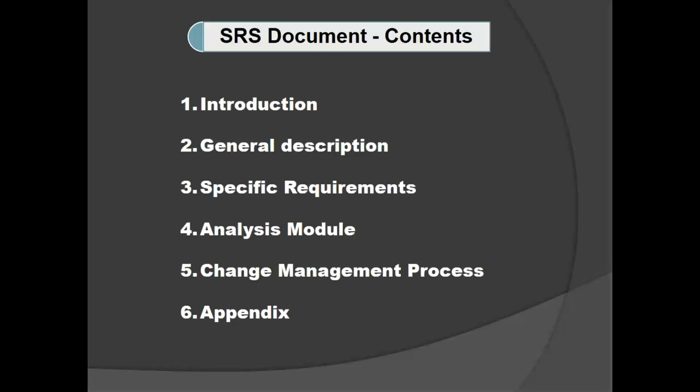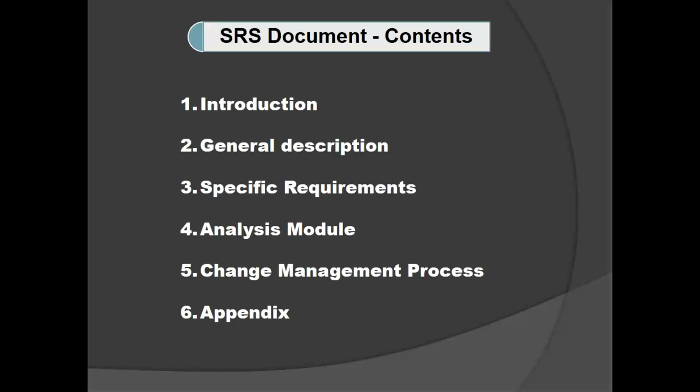First one is introduction, second one is general description, third one is specific requirements, fourth one is analysis module, fifth one is change management process, sixth one is appendix. This is my style of preparing. Again, in each section we are going to have some subsections.